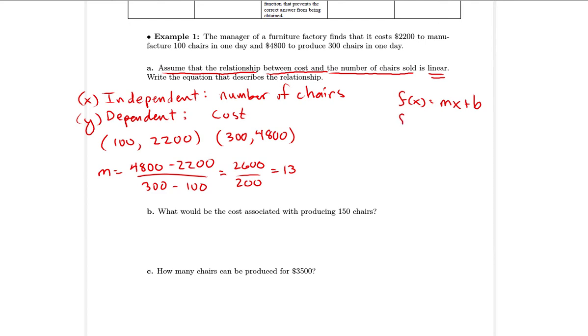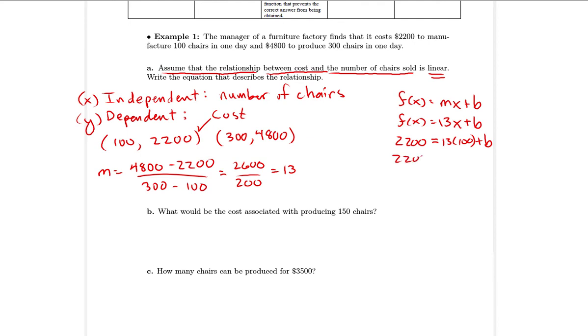We've got f of x equals 13x plus b, but of course you need to know what b is. We can use either one of these ordered pairs to figure that out. So maybe I'll use this one. It doesn't really matter. So 2,200 goes in place of my function value, or my y, and then 100 goes in for x, and then we can solve for b.